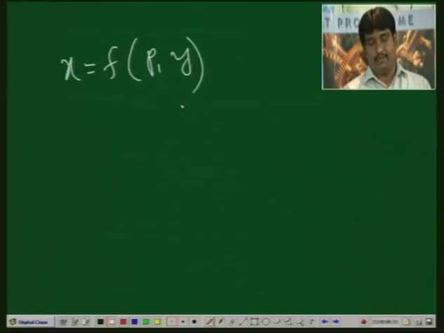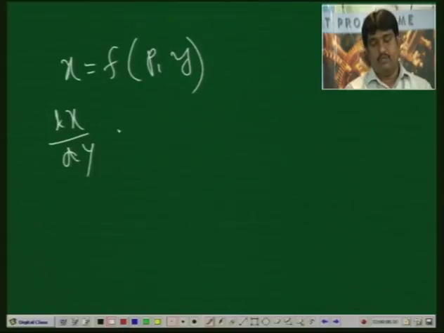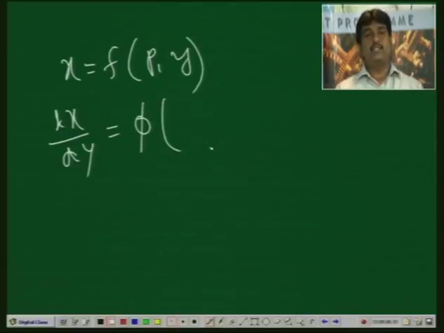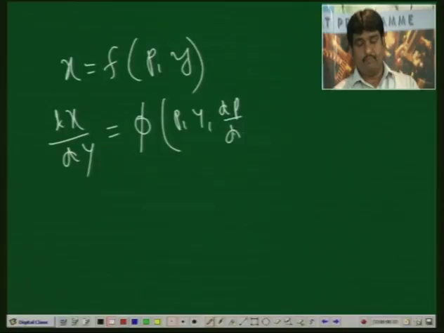Next, solvable for x. If equation is solvable for x, you can write that equation as x equals to some function of p and y. Now you have to differentiate this equation with respect to y. dx by dy equal to, you differentiate it to get some function of p, y and dp by dy.